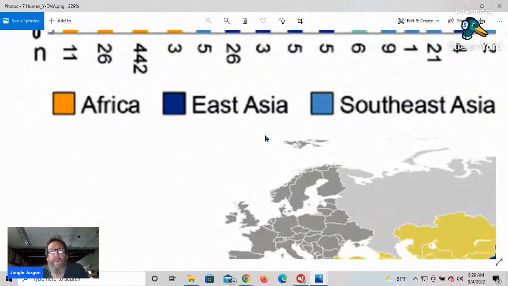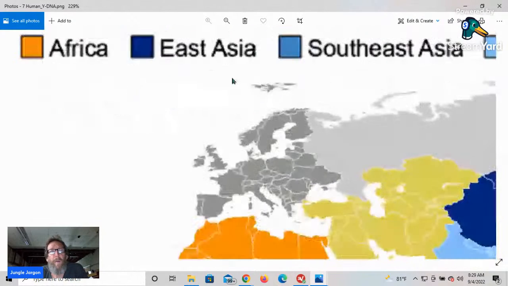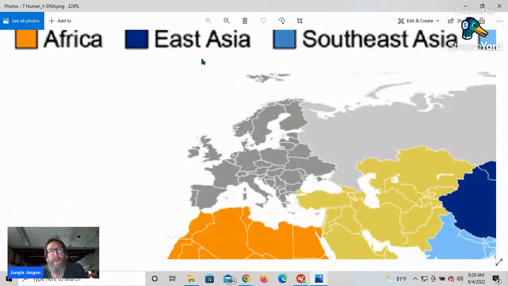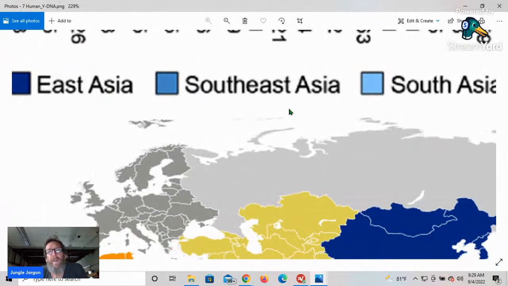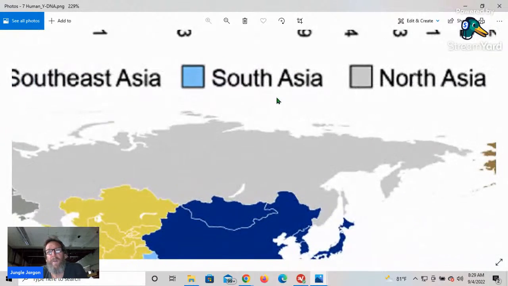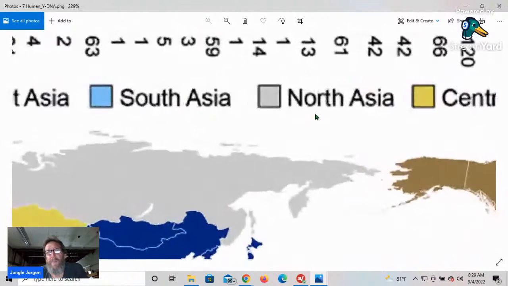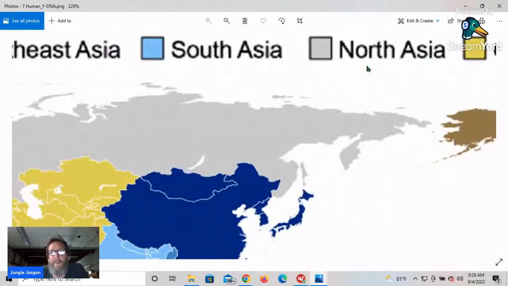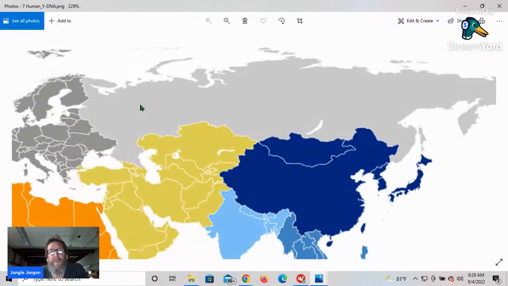It's color-coded: Africa is the orange. Then you have East Asia, Southeast Asia, South Asia, North Asia, which I didn't really realize until recently, is that North Asia is all this. This is considered all Asia, which is basically Russia. It's considered North Asia.